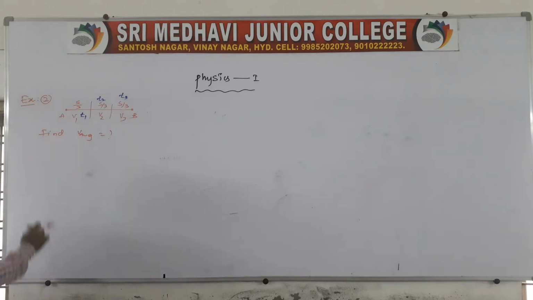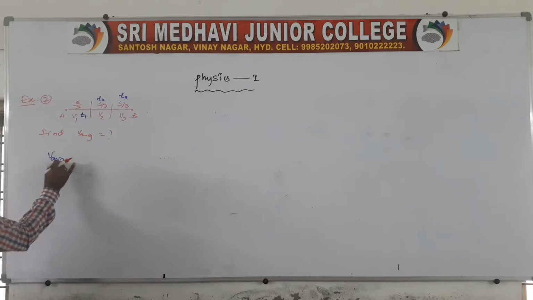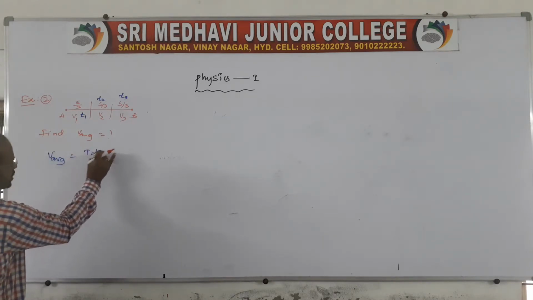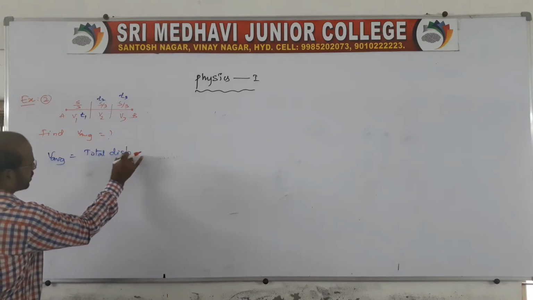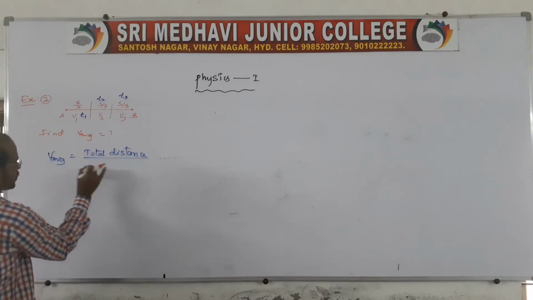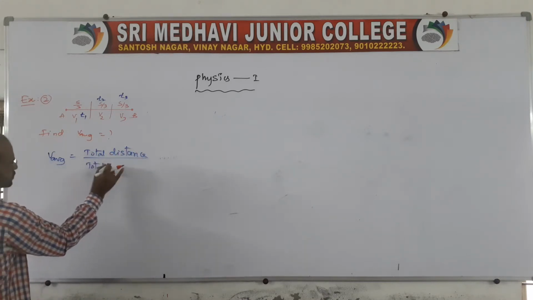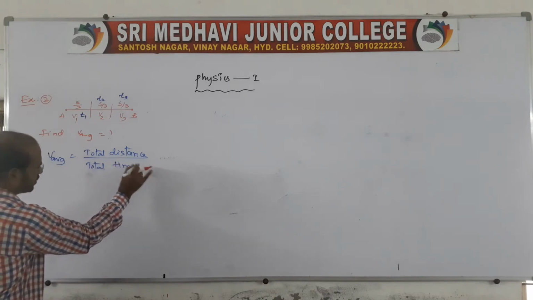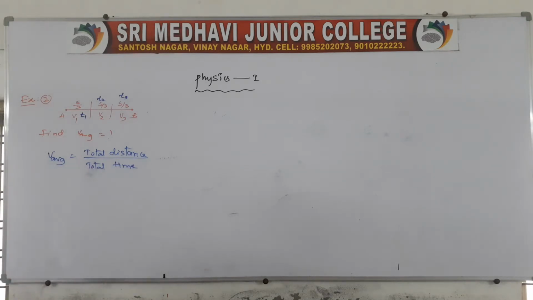We know that average speed is the total distance divided by the total time. For every average speed problem, we have to take total distance by total time.